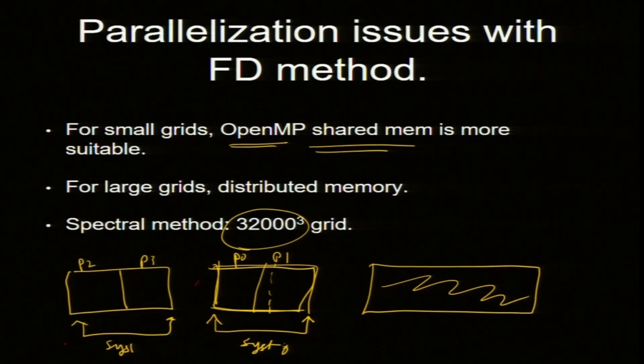But there is a clever option: why do I want to distribute memory and do send receive for the processors within a system? I may use OpenMP so that P0 and P1 share the memory of system 0, and P2 and P3 share the memory of system 1. This is called hybrid parallelization. I will be using OpenMP within a node, but MPI across the nodes. It is slightly more complicated, but this is also done.